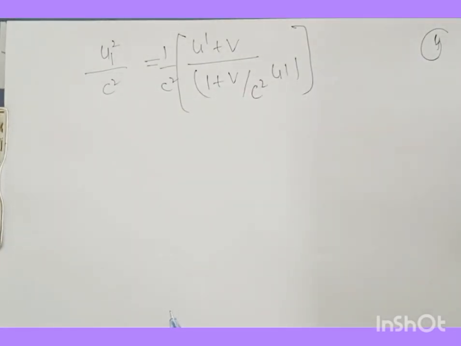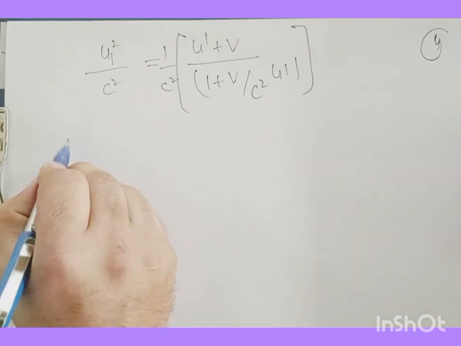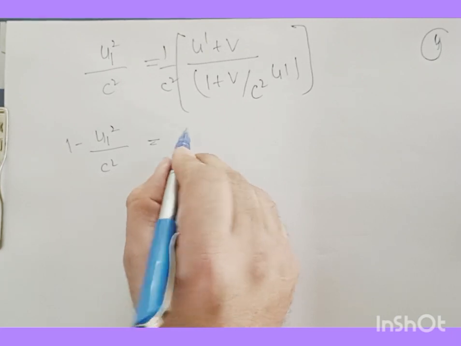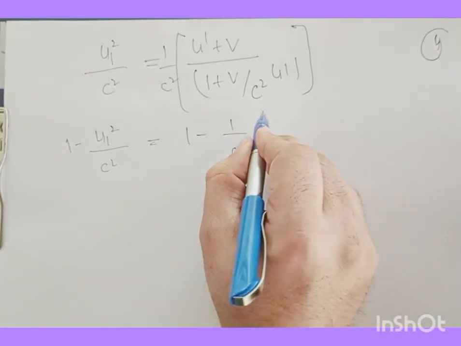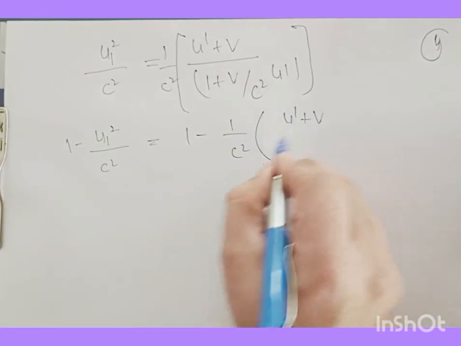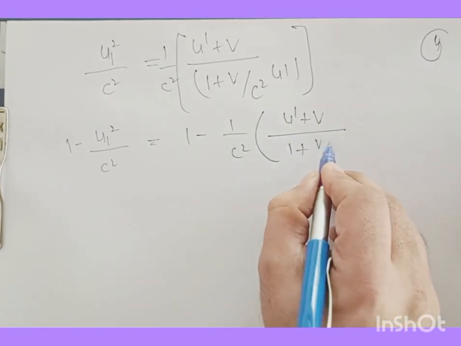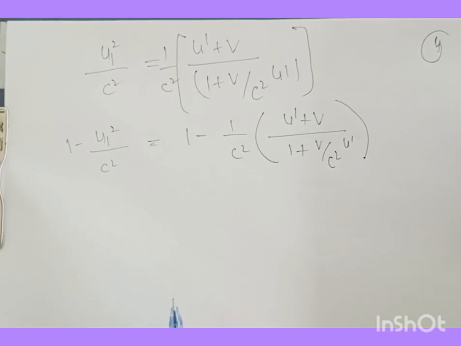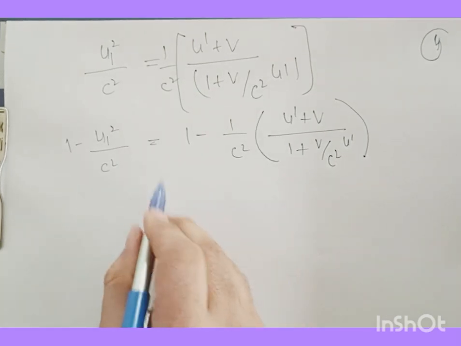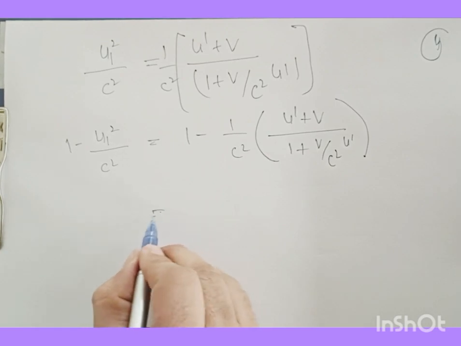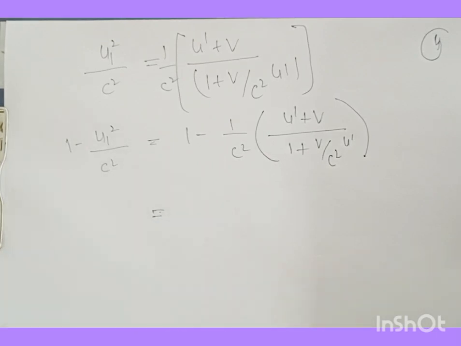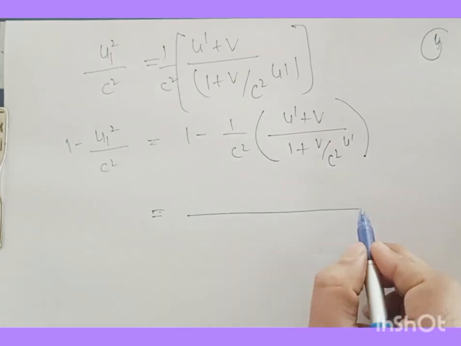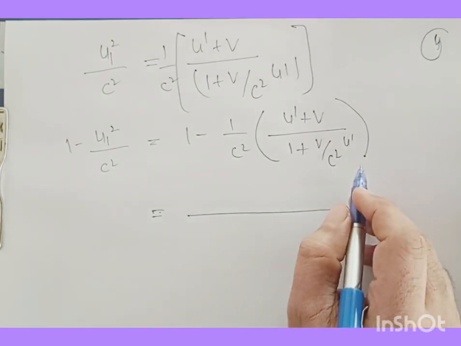Fine. And I can write 1 minus u1²/c² is equal to 1 minus 1/c² times the square of (u' plus v) by (1 plus v/c² u'). Nothing should be wrong with that. So if I proceed from here, keeping the left hand side as it is for the time being, I will have a situation like this.